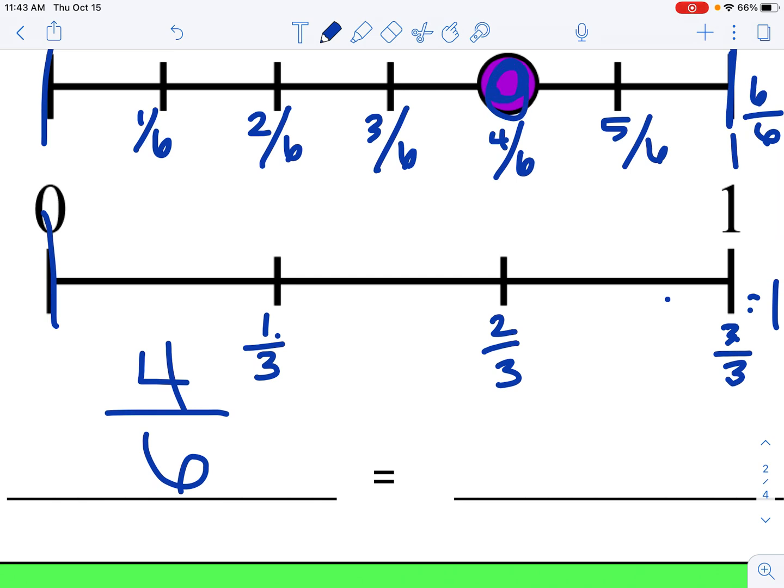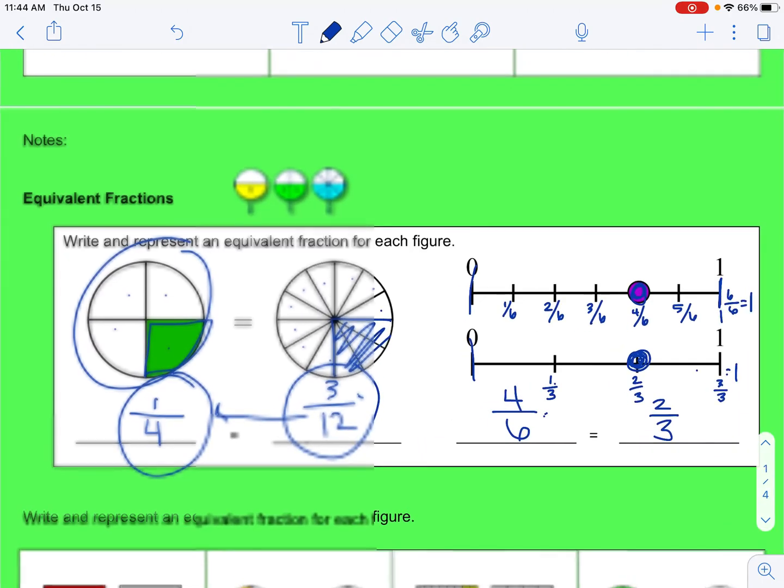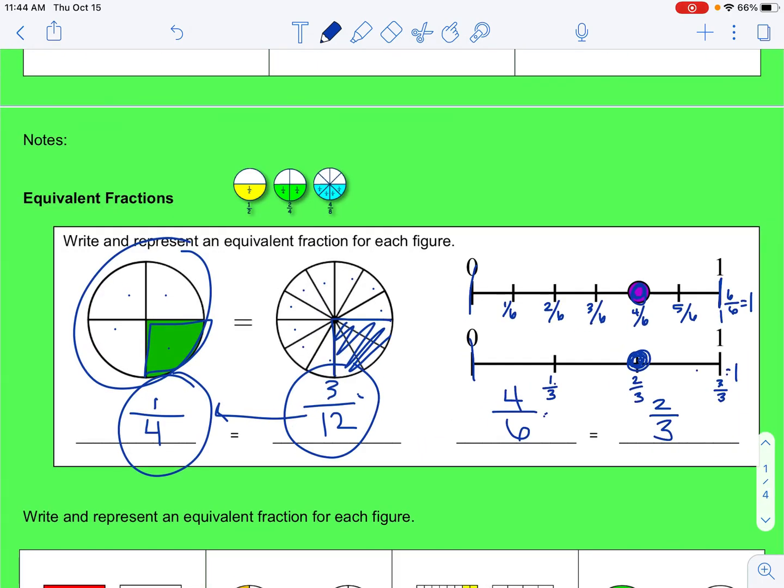Alright, so if I look up here, this point is right there, so I'm going to put it exactly where it is on this number line. So 4/6 is equivalent to 2/3. So what that means is if I simplify this fraction, the 4/6, I would get 2/3. So they are the same.